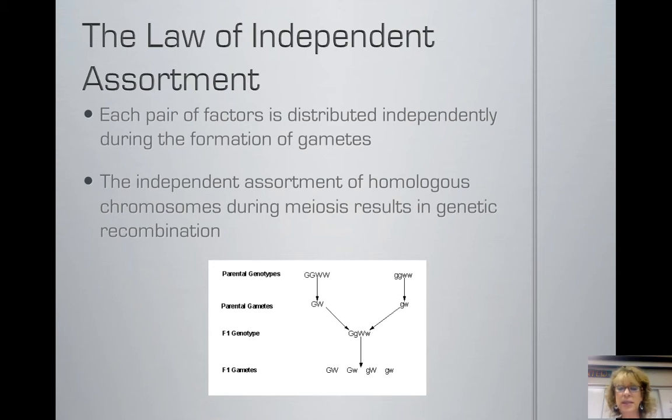This basically means that the independent assortment of the homologous chromosomes during meiosis results in genetic combination. We've talked about that before. This is one of the things that contributes to the variation in sexually reproducing organisms.